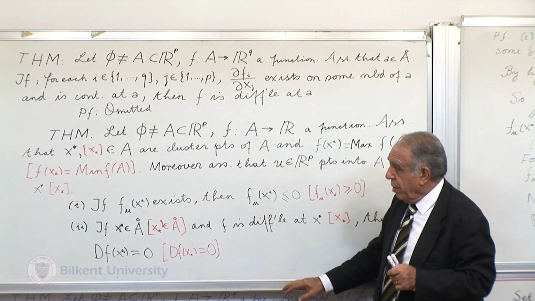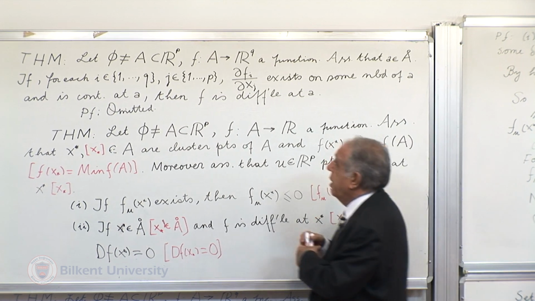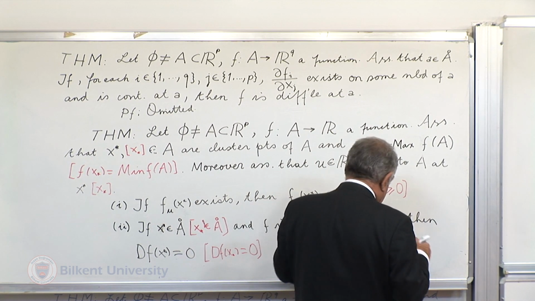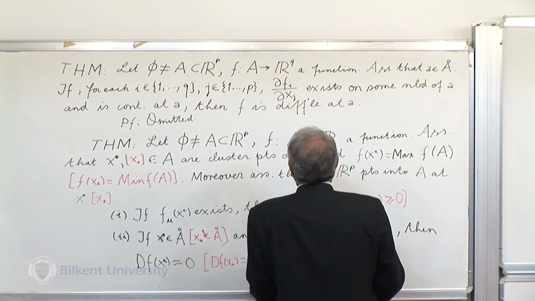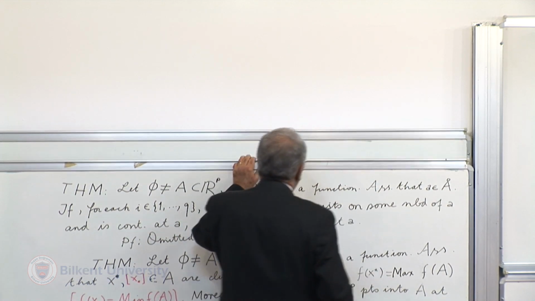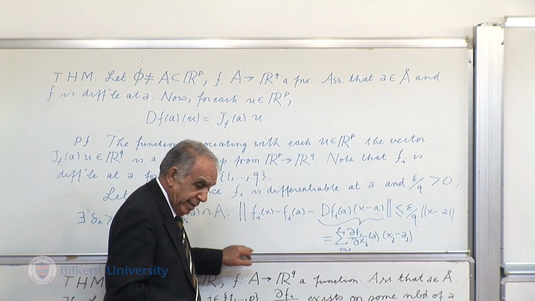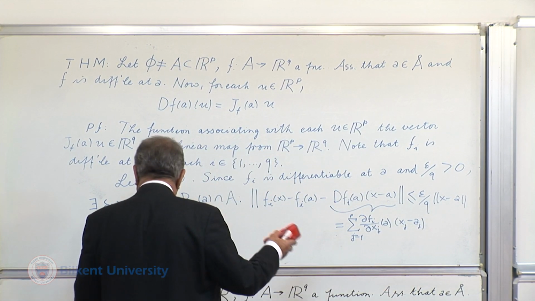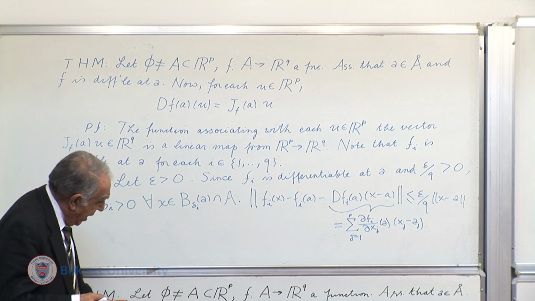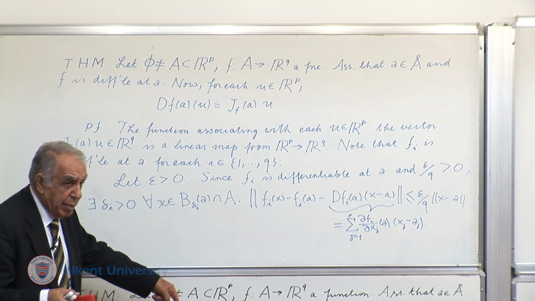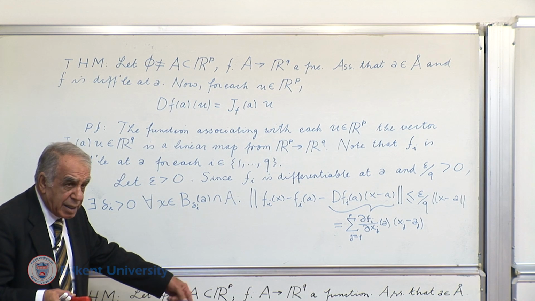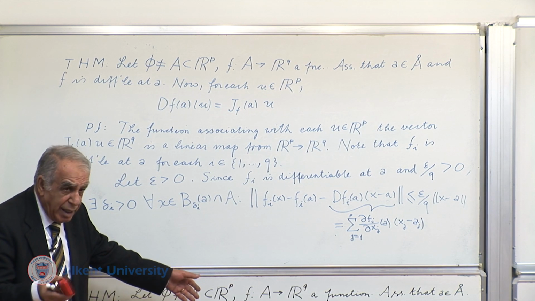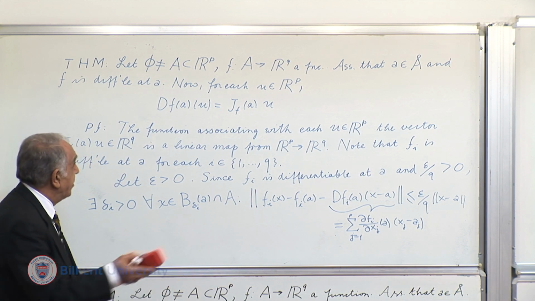But before going to that, now let me again consider an example. For the first part of this optimization theorem, X star is in the domain, but it's a cluster point, not necessarily an interior point, okay?